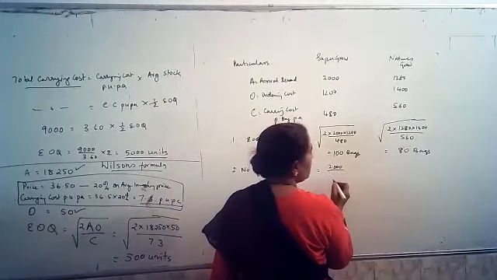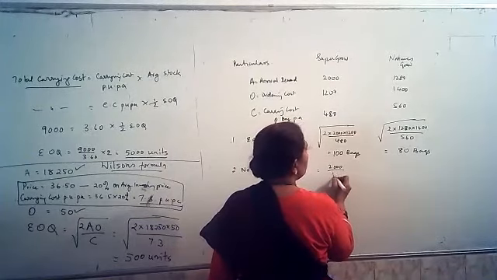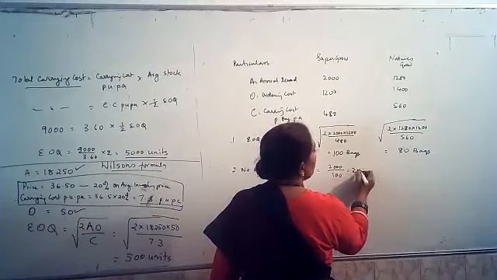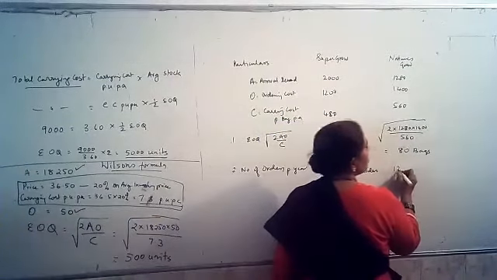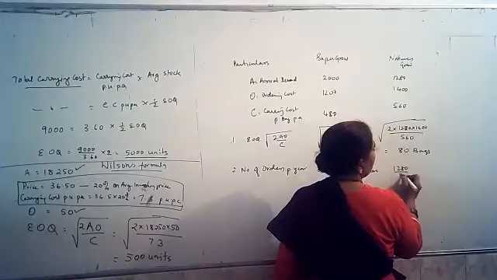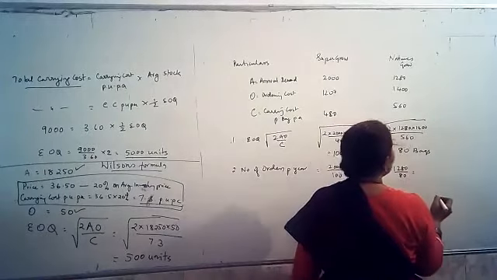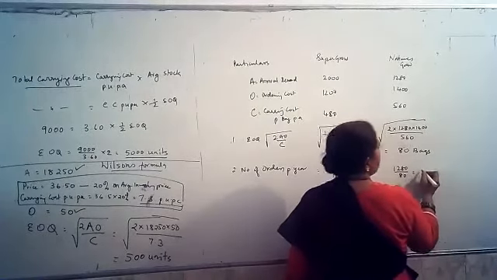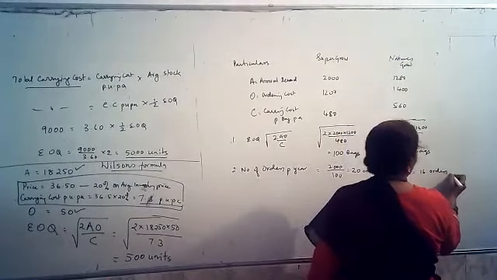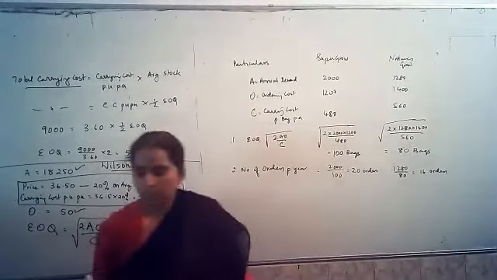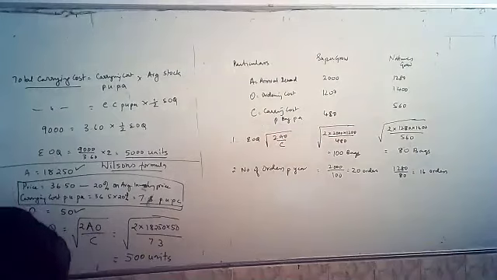Here annual requirement divided by EOQ. EOQ is 100. This is 20 orders. And in this case it is 1280 divided by 80. So it will be 16 orders. In case of Nature's Grow, 16 orders. In case of Super Grow, it is 20 orders.